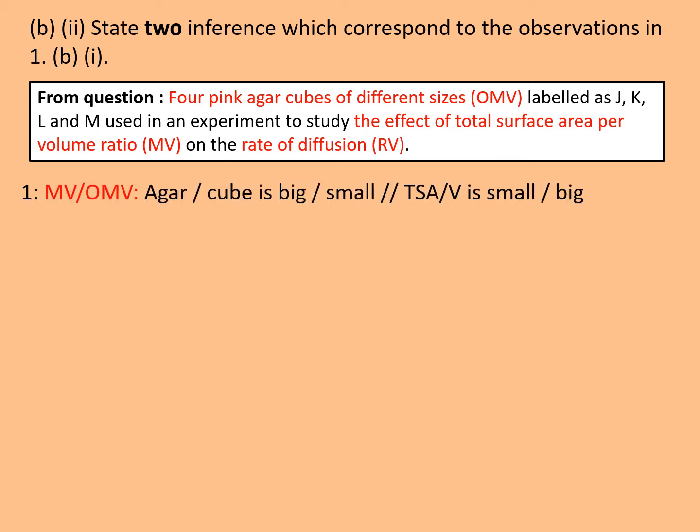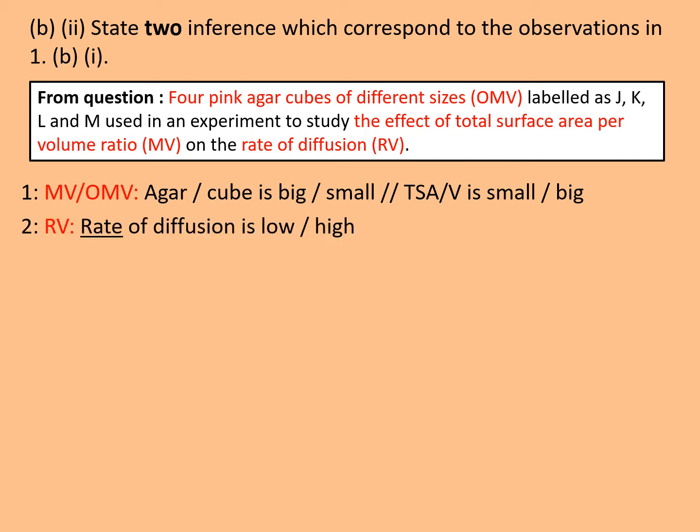So MV and OMV is agar cubes, is big or small. The total surface area to volume ratio is small or big. Okay, when agar cube is big, the total surface area to volume ratio is small. When agar cube is small, the total surface area to volume ratio is big.